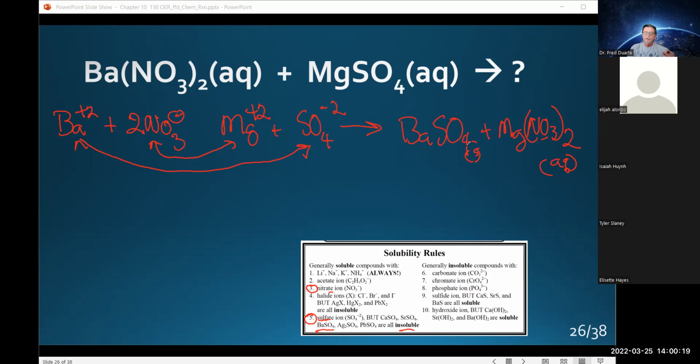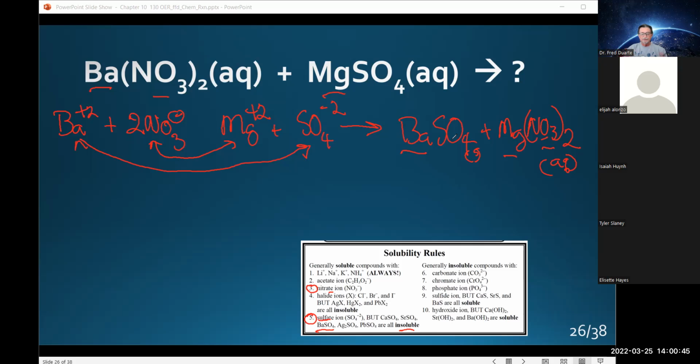Now we have to balance it, and I think by default, because we broke them up into the ions, they are balanced automatically. So let's double check. I got 1 barium, 1 barium. I got 2 nitrates, and guess what? 2 nitrates. 1 magnesium, 1 magnesium, 1 sulfate, 1 sulfate.